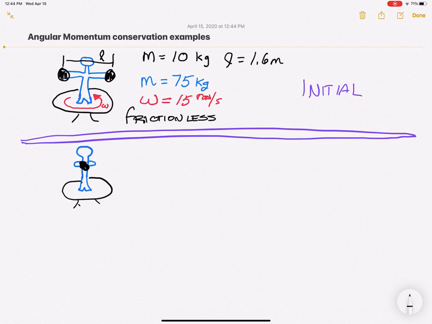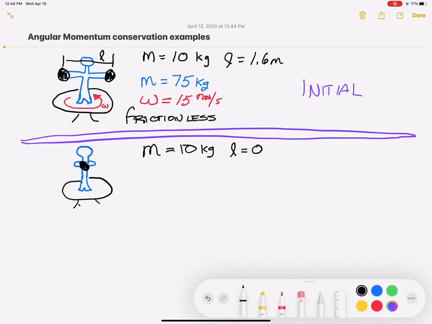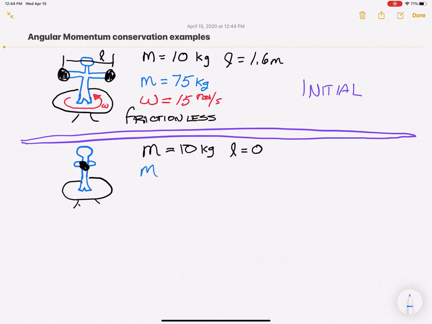All right, this means I still have two masses at 10 kilograms each, except their distance apart now has gone to 0. I still have the mass of the person.